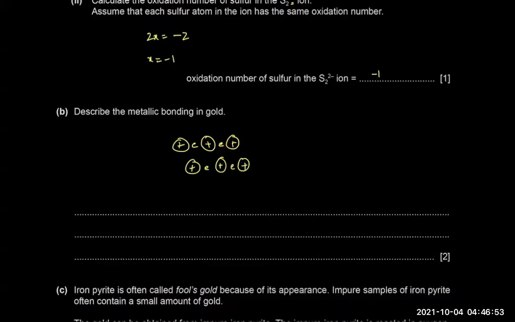So metallic bonding can be... But the line space is given for a reason. You have to basically say that they are electrostatic forces of attraction between cations and delocalized electrons.